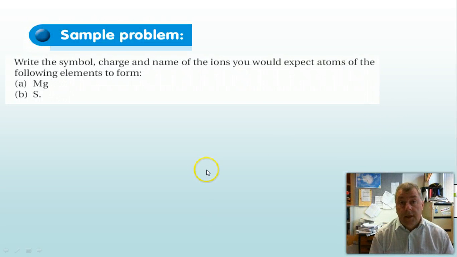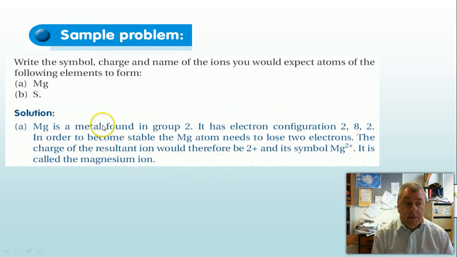Let's have a look at a sample question. Write the symbol, charge, and name of the ions you would expect for the following elements to form. Magnesium. Okay, magnesium is found in group 2. Have a look on your information sheet on your periodic table. Has the electron configuration of 2,8,2. You need to be able to work that out, so make sure you know how to work that out.